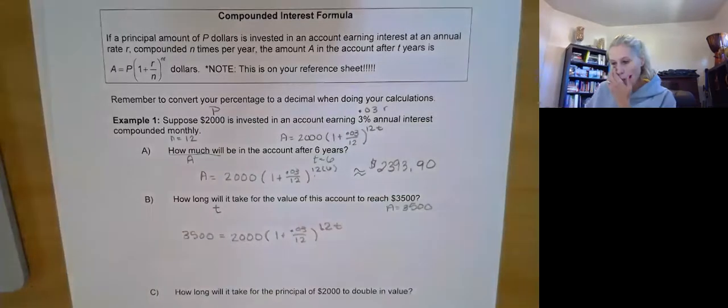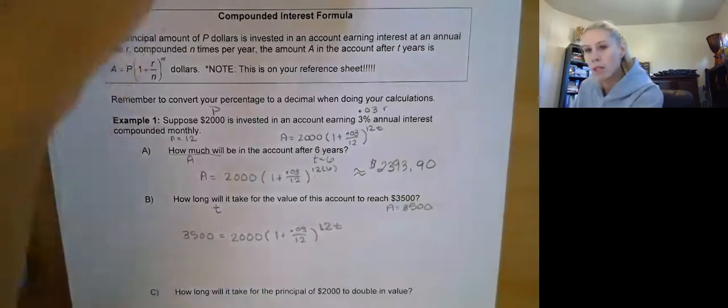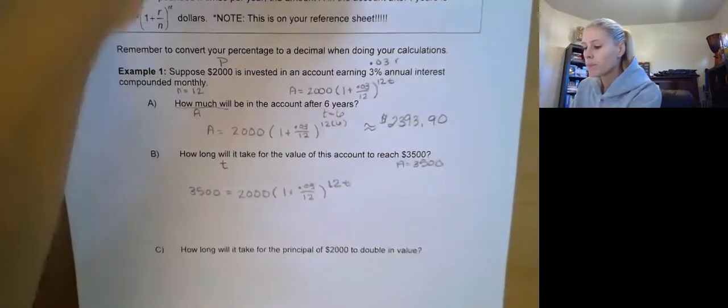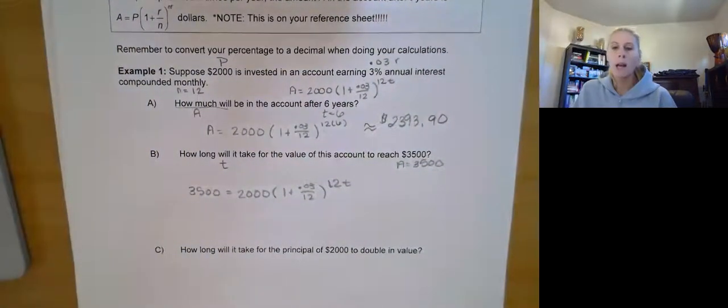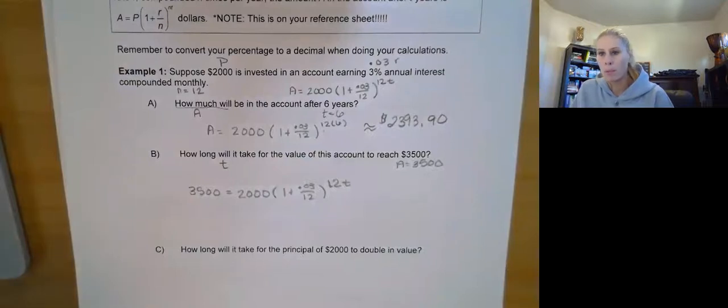Here I didn't leave myself much space, because why would I do that? I have to do some solving. I'm not going to put this in my calculator and work backwards because that's where I can make the most mistakes. So I'm wanting to solve for t, and then I'll put that into the calculator.